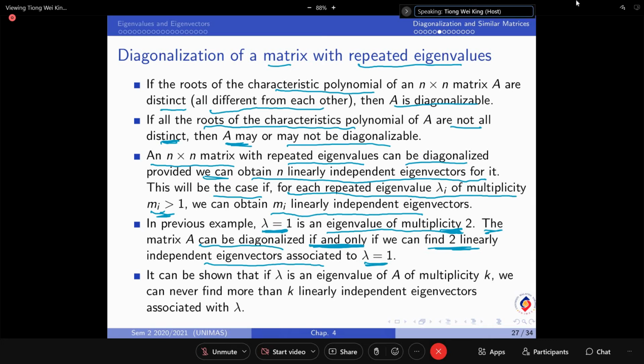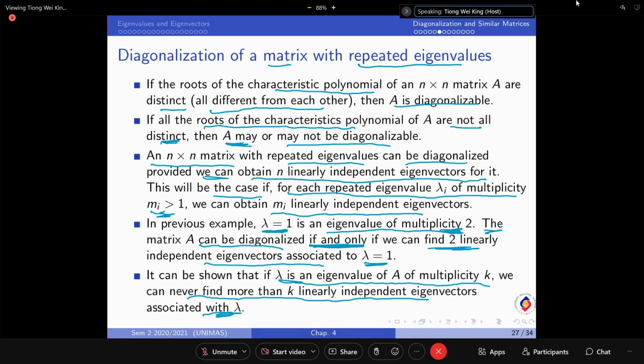It can be shown that if lambda is an eigenvalue of A of multiplicity k, we can never find more than k linearly independent eigenvectors associated with lambda. So for repeated eigenvalues, I will make a conclusion: if the eigenvalue is repeated m times and you can find m linearly independent eigenvectors, then it is diagonalizable.